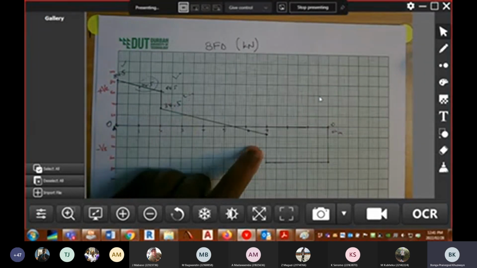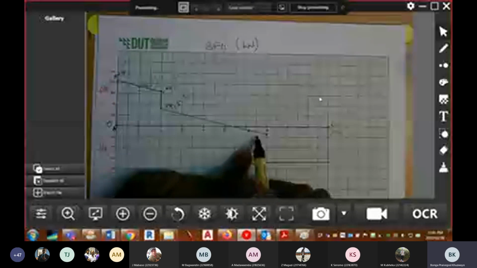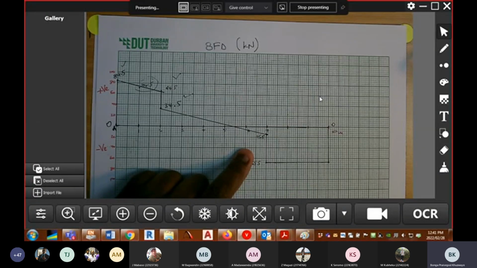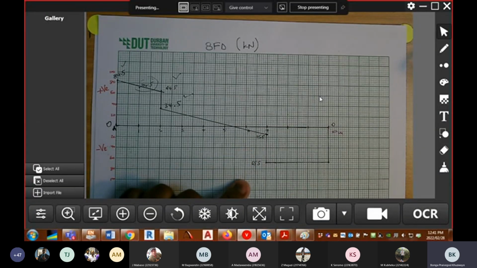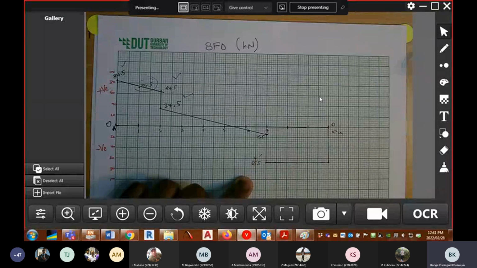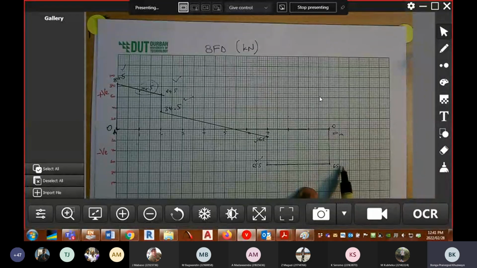You need to show this one. This one was 15.5, I think. Apologies, I forgot to write it down. And then this one, 65.5, you need to show it. You get a mark for that. And then here is 65.5, you need to show that. And then it goes back to 0.